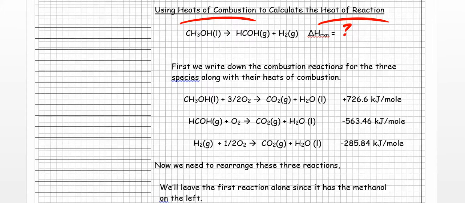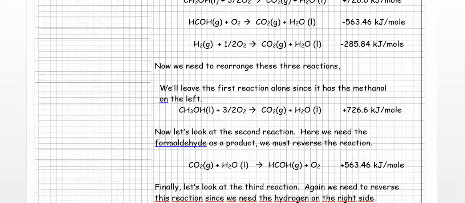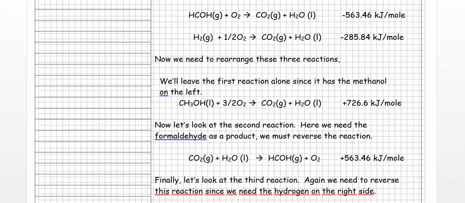When we combust hydrogen, we get a delta H of a negative 285.84 kilojoules per mole. So now we know the heats of combustion for all three of the species, everything that's involved, right? And again, these are given in a table that were put together by scientists who do combustion reactions in calorimeters. Now we're going to need to rearrange these three reactions, right? Just like we did with Hess's law.